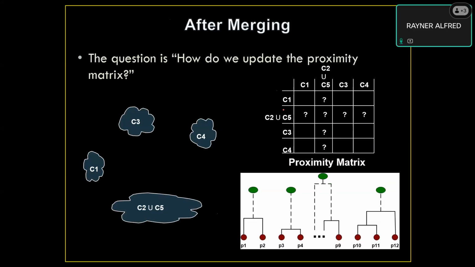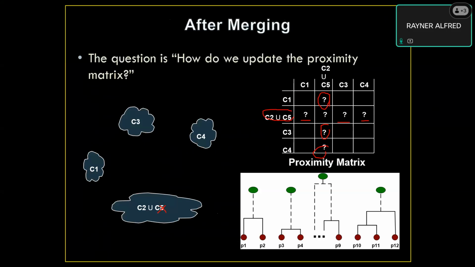Since we have a new cluster here, you need to find the new centroid. Based on the new centroid, we need to find the distance between the newly merged cluster and cluster 1, cluster 3, and cluster 4. This is just a mirror. So this is what happened.